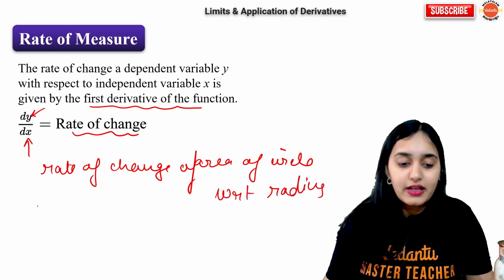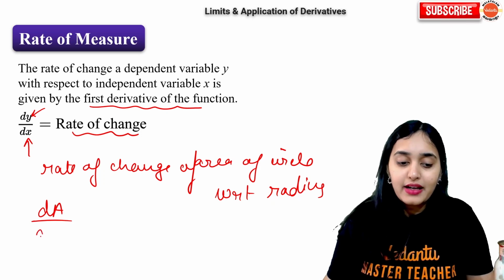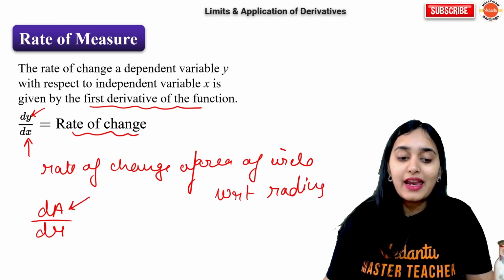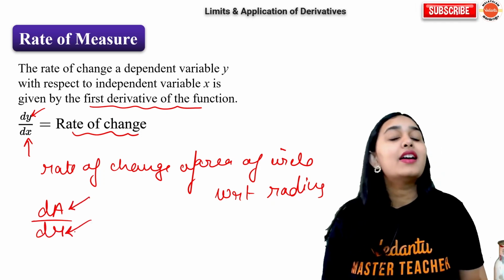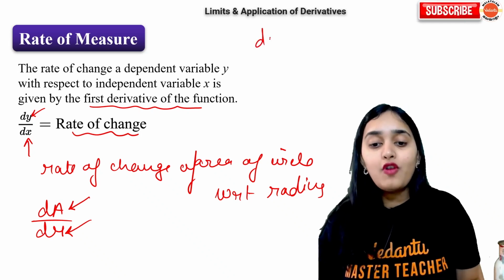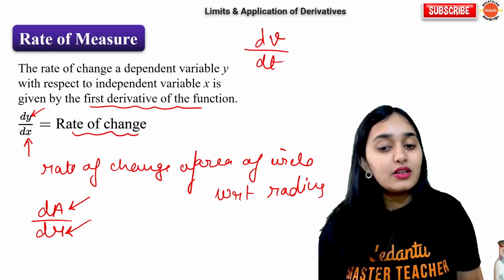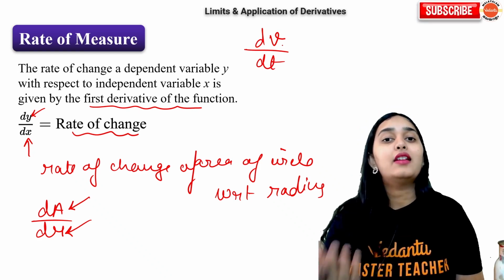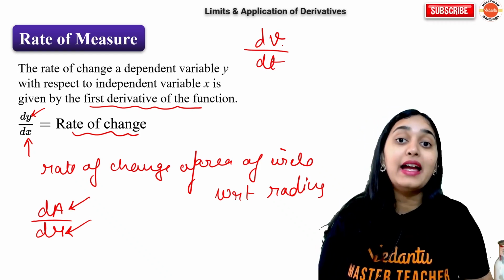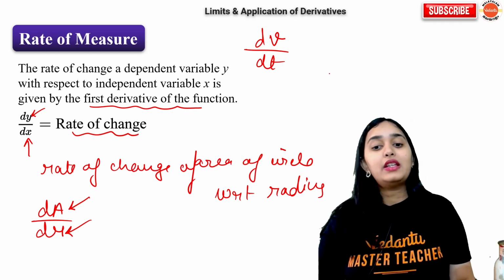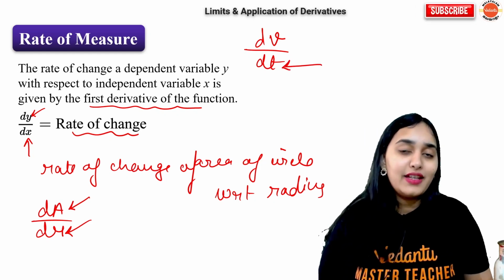It will be dA by dr, because the area is changing with respect to radius, or the volume is changing with respect to time. Like this, the rate of change can be calculated by differentiating with respect to the independent variable.